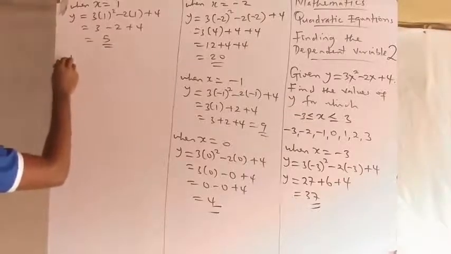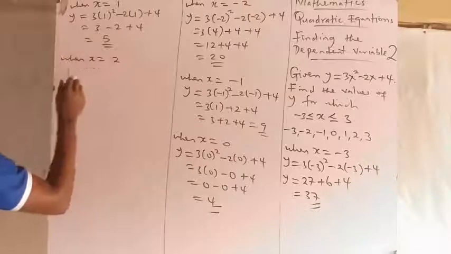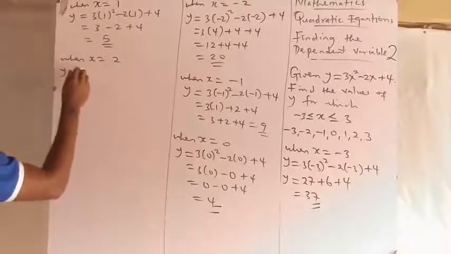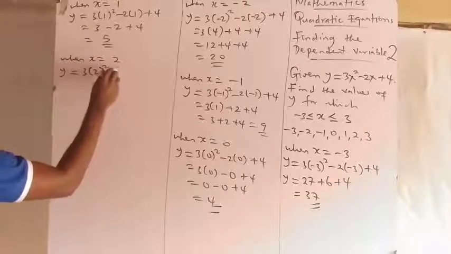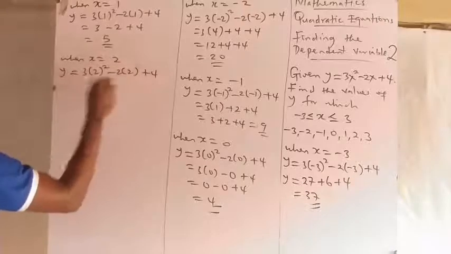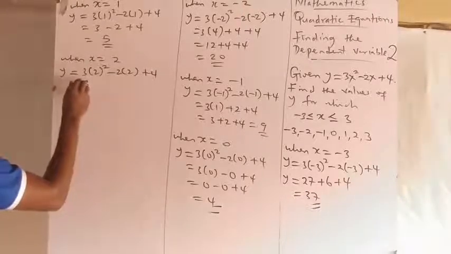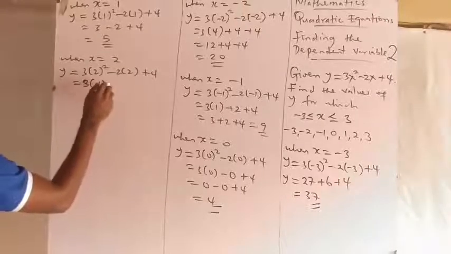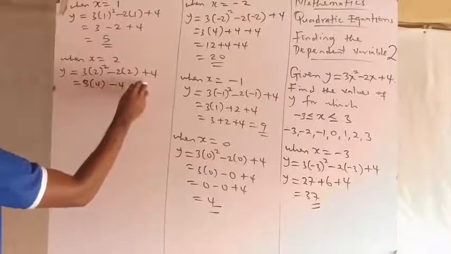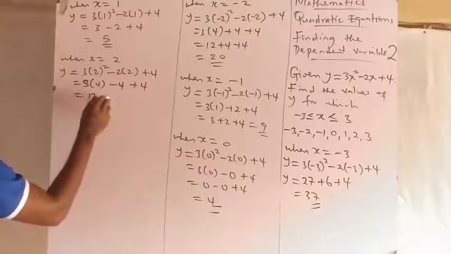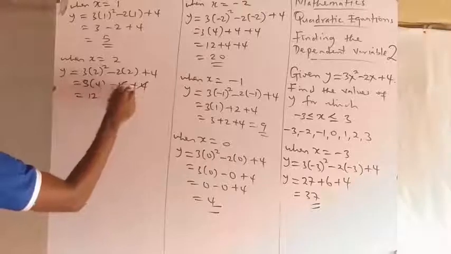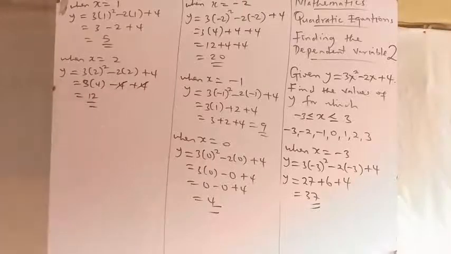When x is equal to 2, y will be equal to 3 into 2 squared minus 2 into 2 plus 4. That will be 3 into 4, minus 4 plus 4. This will be 12. Our answer is 12.